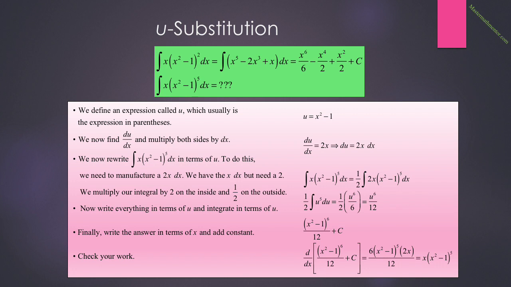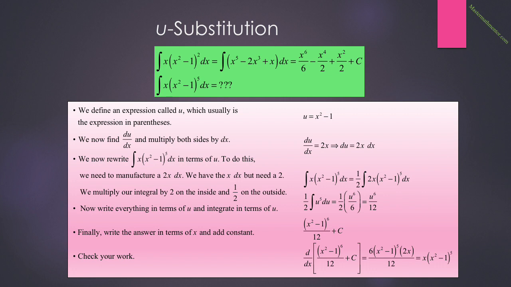We now need to rewrite the integral of x times x squared minus 1 to the fifth power dx in terms of u. To do this, we need to manufacture a 2x dx. We have the x dx, but we need a 2.